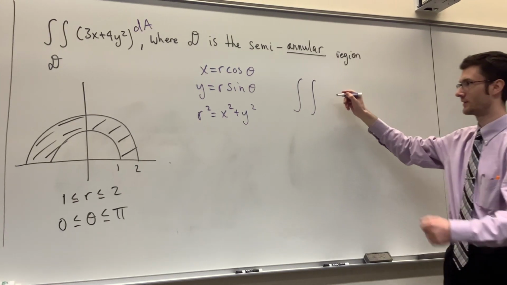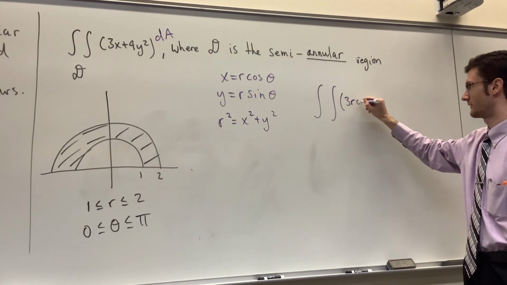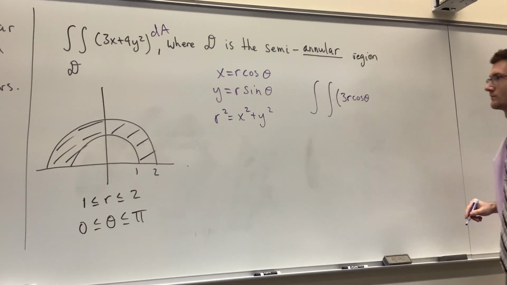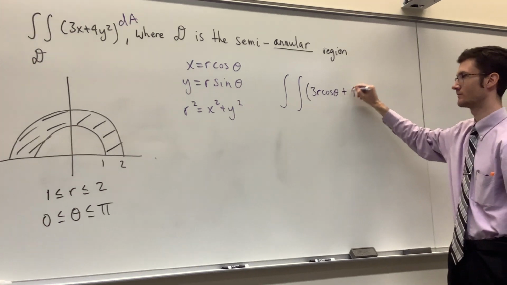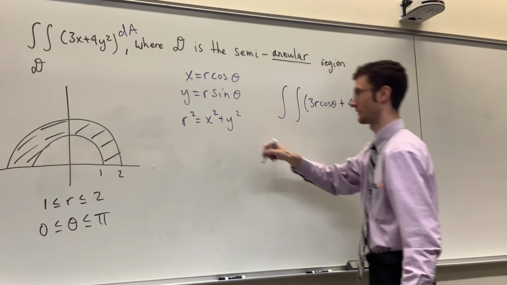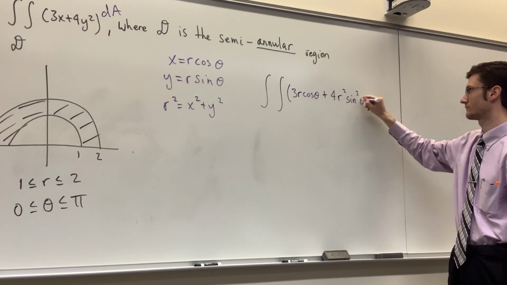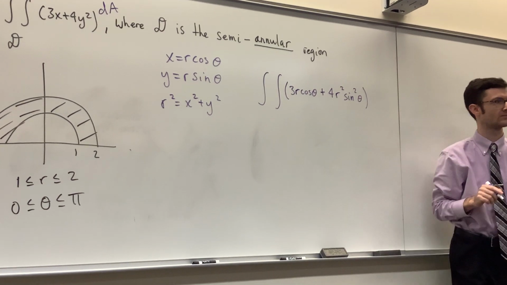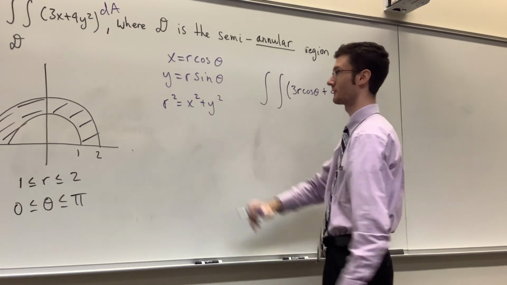So we're going to have 3 r cosine theta plus 4 times y squared, r squared sine squared theta. Right? So all we have to do is substitute in these polar conversion formulas.